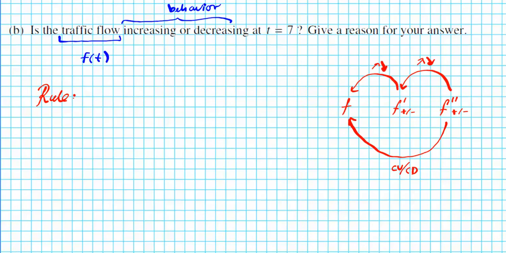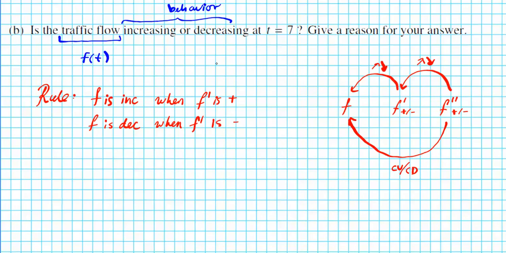So let's use that to write down the rule. The rule is f is increasing when its derivative is positive, and f is decreasing when its derivative is negative.